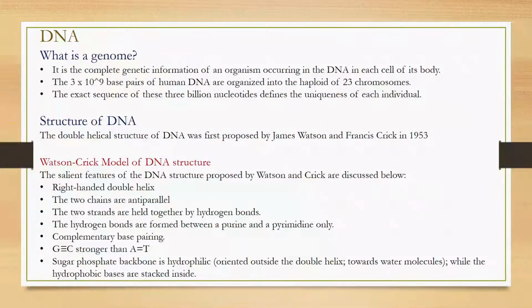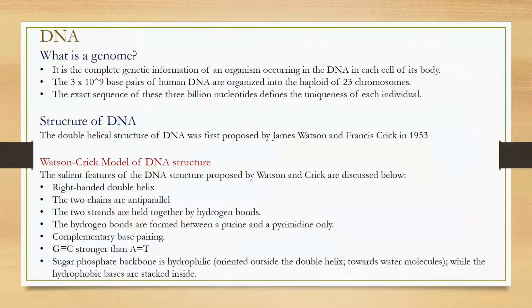Guanine always pairs with cytosine, and this is known as complementary base pairing. That is the specificity, adenine with thymine and guanine with cytosine, and this specificity has tremendous significance in DNA self-replication and transcription. As three hydrogen bonds are present between guanine and cytosine, it is stronger than the A-T pair, which has two.